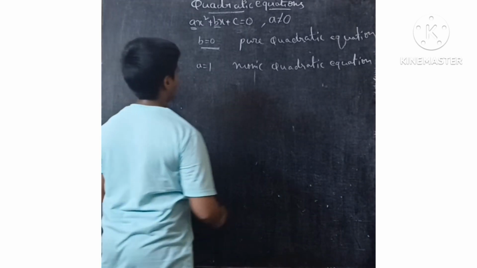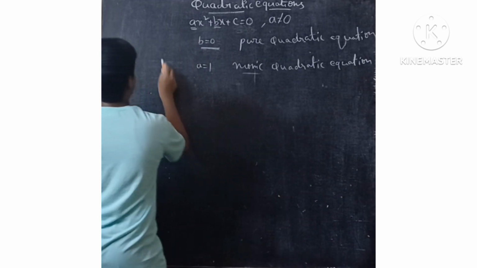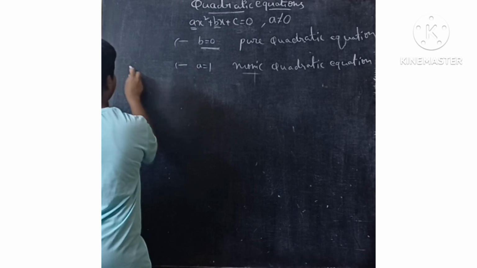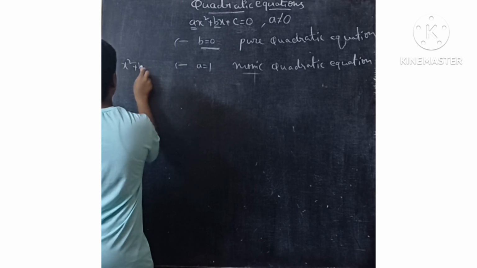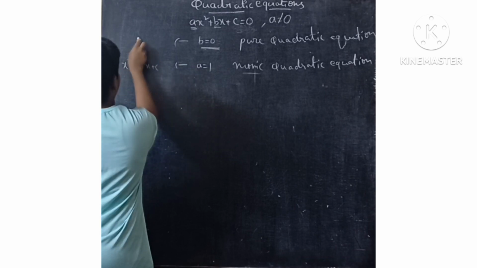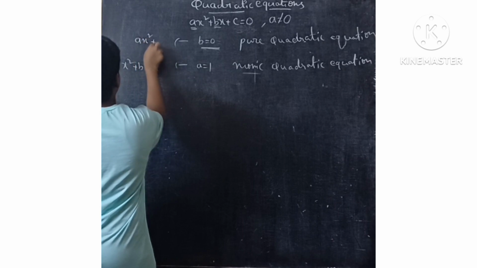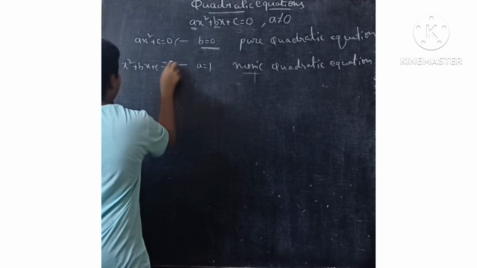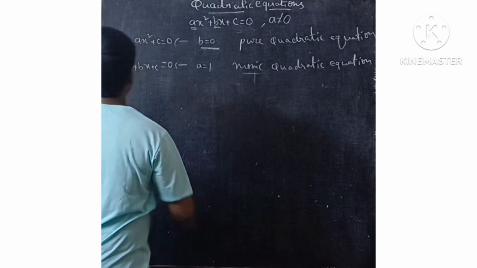And if a equals 1, that is known as a monic quadratic equation. If I write the equations, x square plus bx plus c, and ax square plus 0 equal to 0. So these are the two important points.